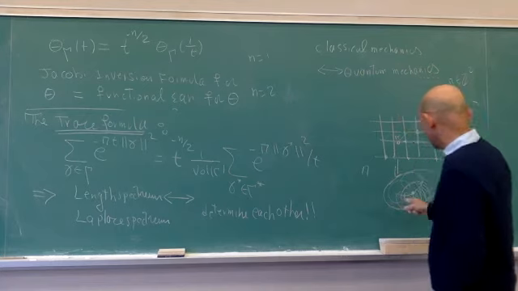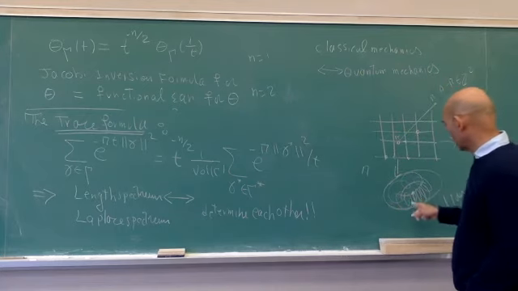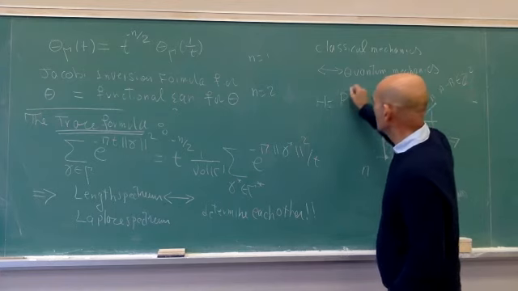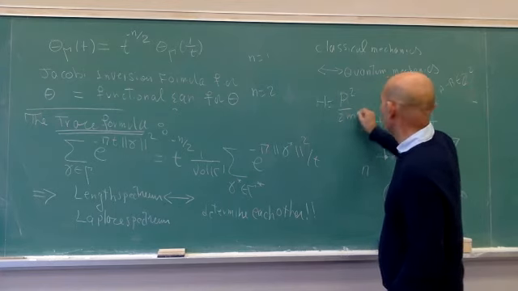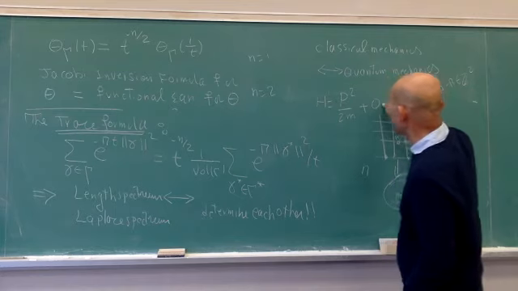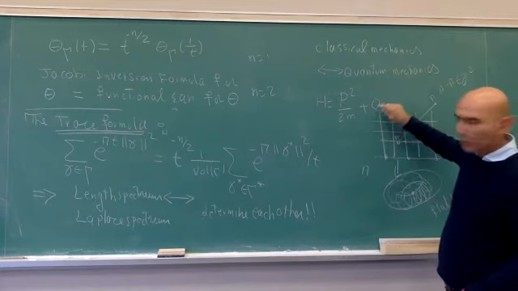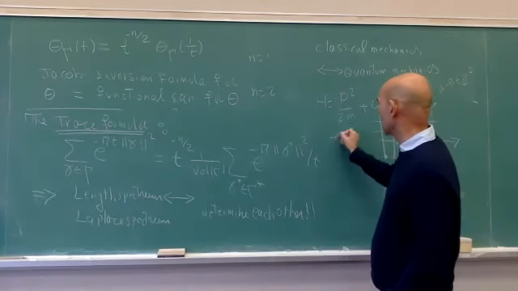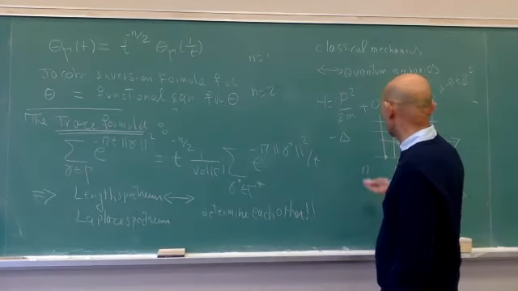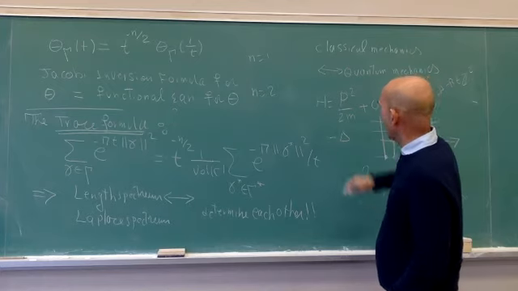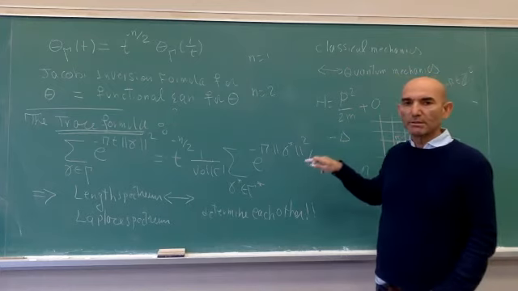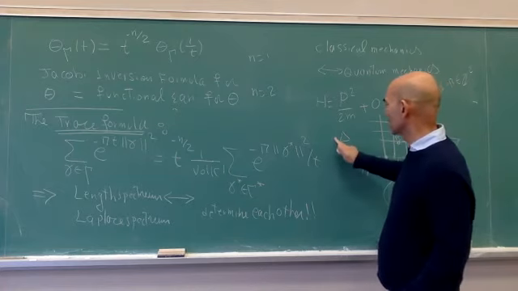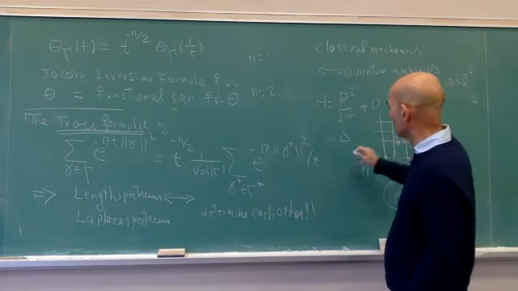In the quantum case, the Hamiltonian H is equal to p squared over 2m plus 0, because there's no potential. And this turns out to be just the Laplacian. Physicists always put minus delta, but geometers put delta, because for geometers the Laplacian is positive.